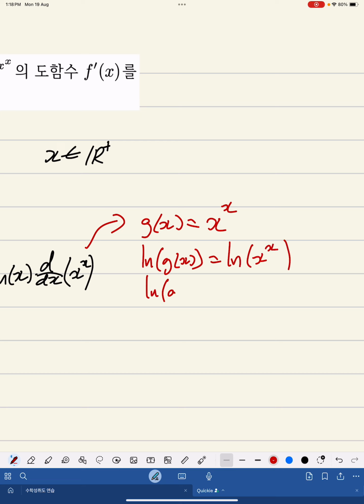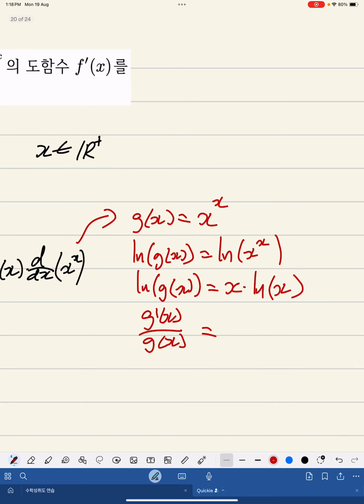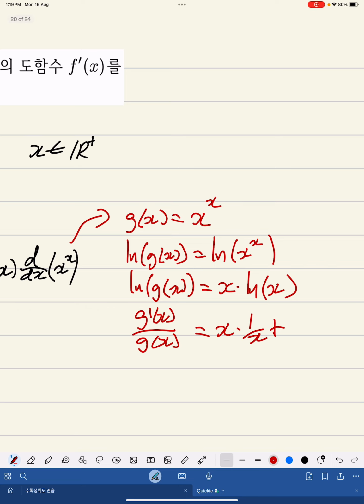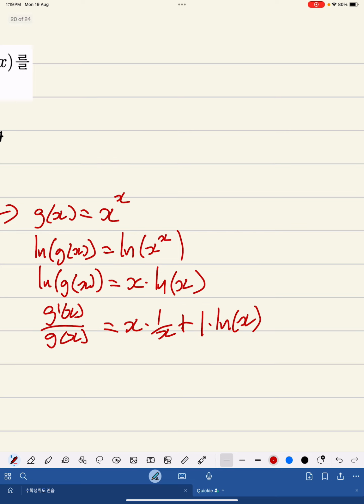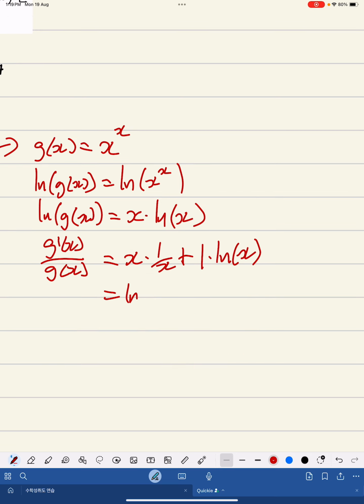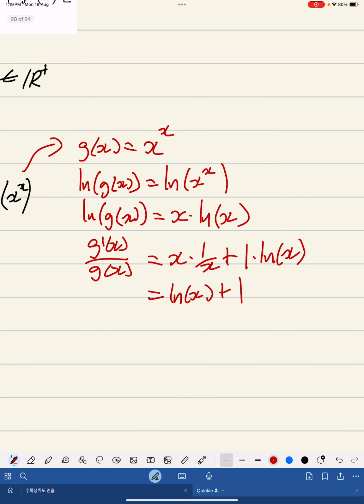Therefore, ln of g of x equals x times ln x. Therefore, the left-hand side differentiated is g prime x over g of x, which equals x times ln x differentiated plus x differentiated times ln x, right? Therefore, this is just ln x plus 1. That is g prime x over g of x.